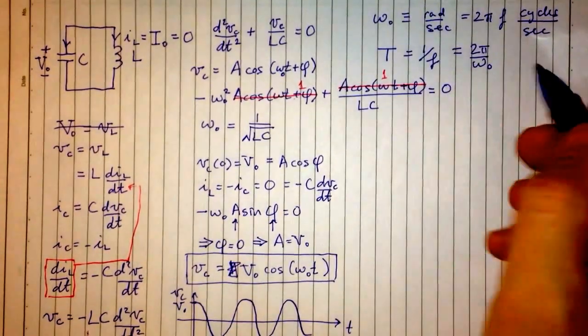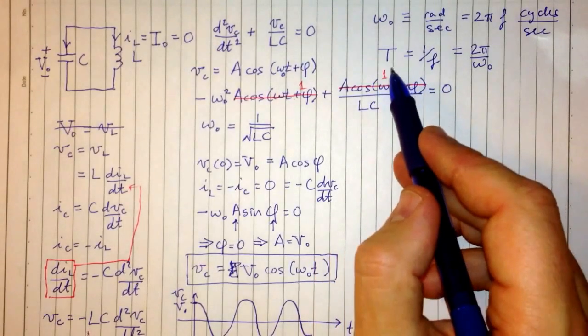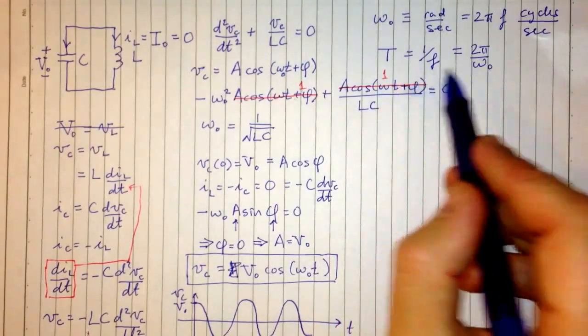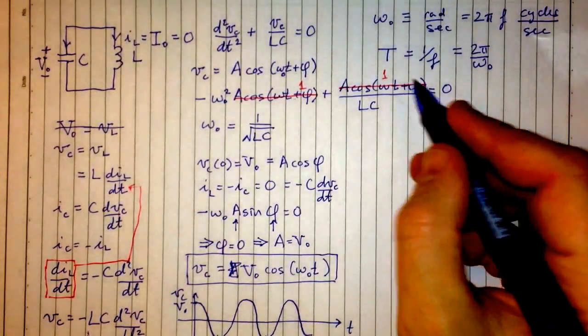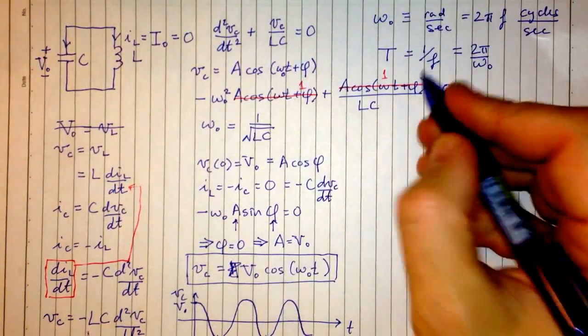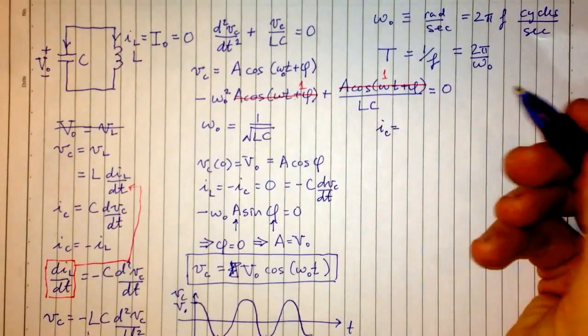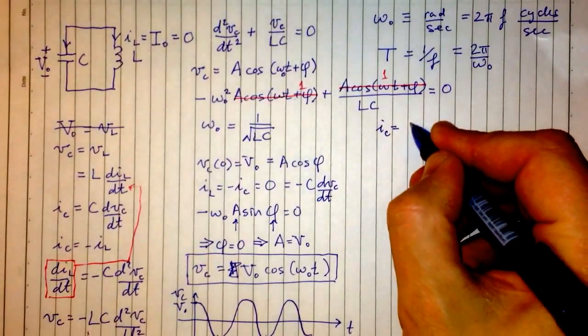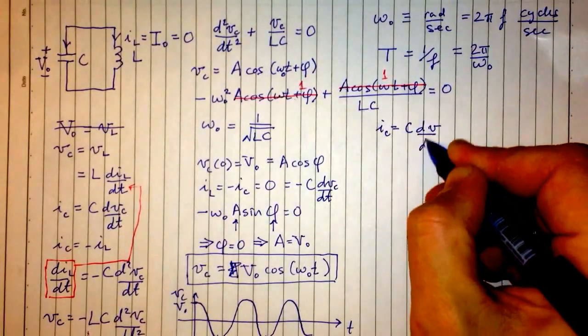Now, in this case, the period is defined there. So the next step is to figure out what the current is. Well, you remember the element relation for a capacitor. If you don't remember it, you should have this completely by heart.